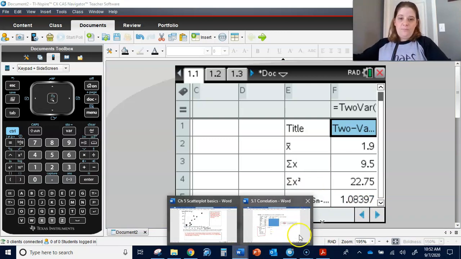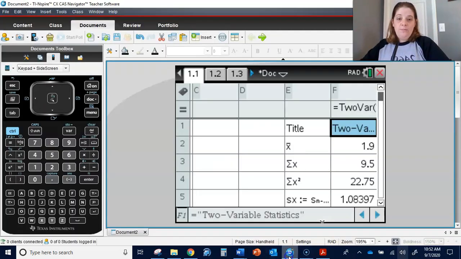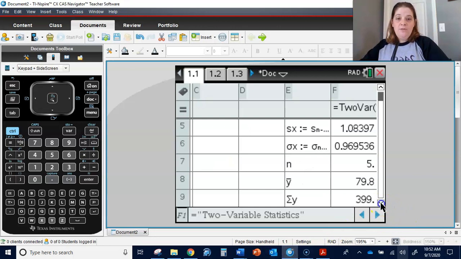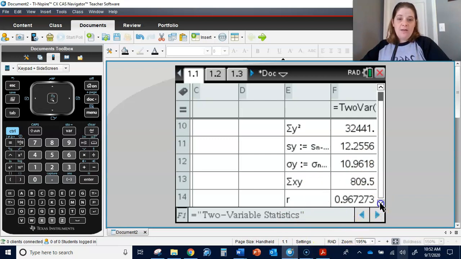So this is 1.9 and this is 1.08. Then I'm going to look for Y as well. I'm going to scroll down. Y bar, the average Y, is 79.8 and the S is 12.26. So there's my X and Y.